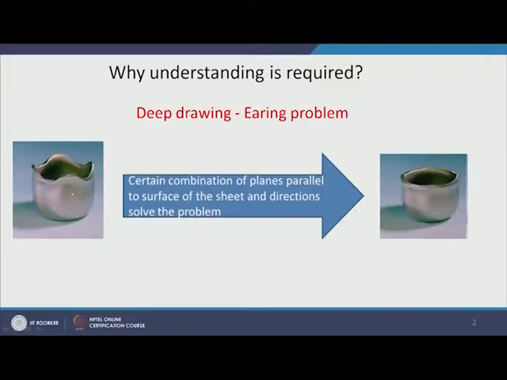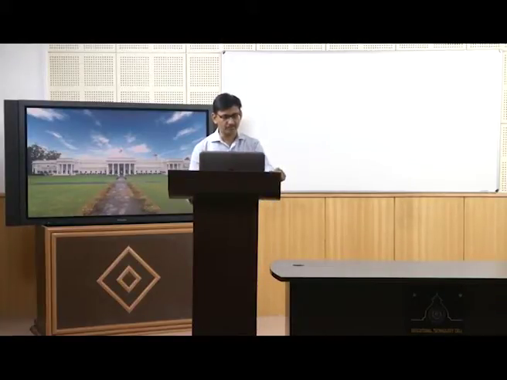Also, because there are different types of deformation at different parts of the cup, you will have thinning of material at certain points and a thick sheet at other points. So there will be a difference in the thickness of the sheet in the cup, which is not a good thing, and we will not be able to design any of our parts properly if there is a thickness difference.